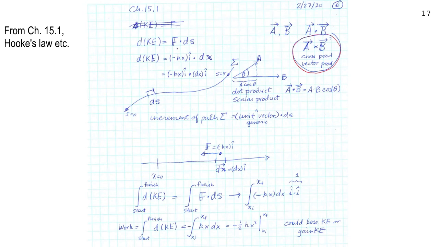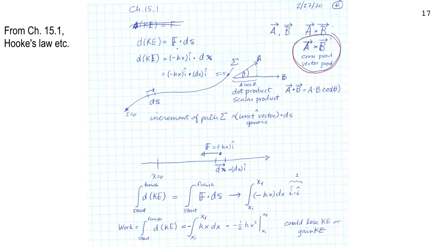It's basically this way: A dotted into B is equal to the magnitude of A times the magnitude of B times the cosine of the angle between them. And it's a scalar, right? So it's magnitudes and a cosine of theta.